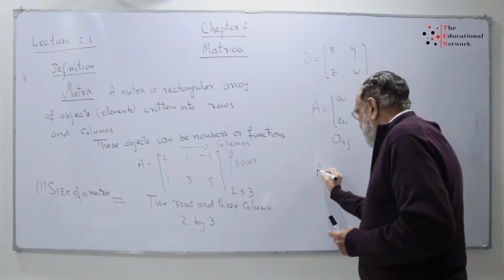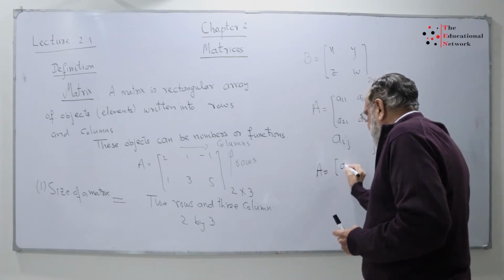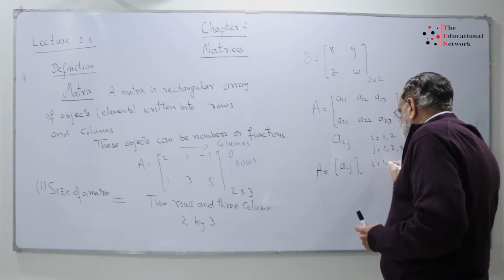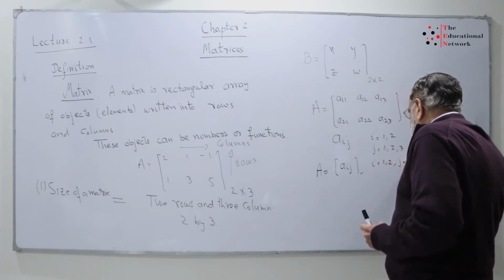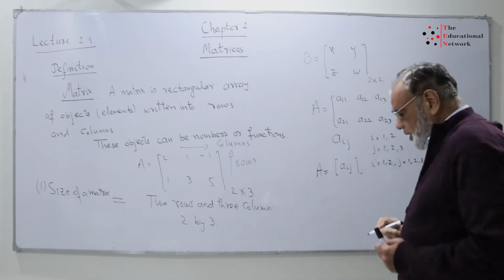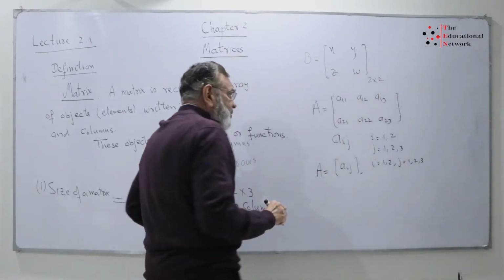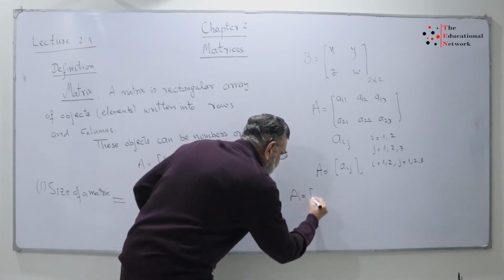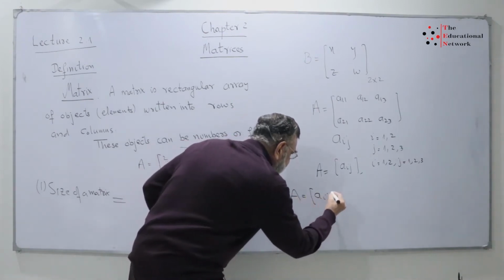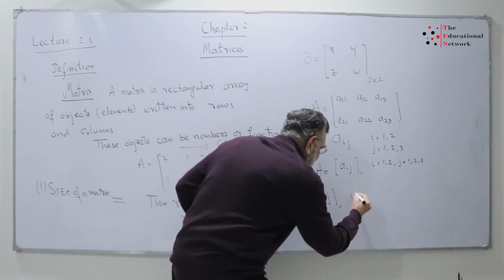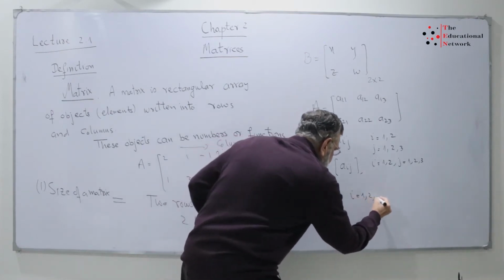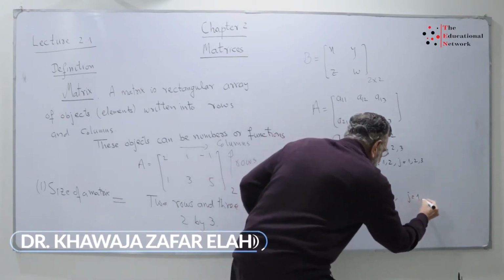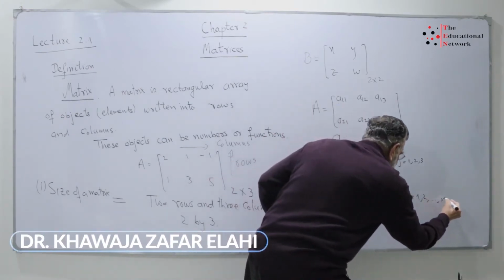So this will be my matrix A. I write this just as Aij, where i is from 1 to 2 and j is from 1, 2, and 3. So I can write a very general definition: A is equal to Aij, where i is equal to 1, 2, up to m, and j is equal to 1, 2, up to n.